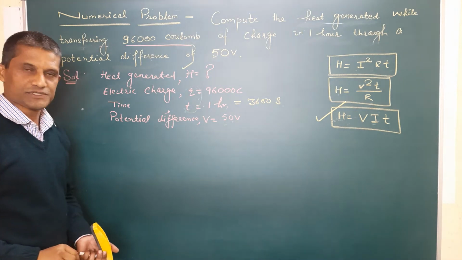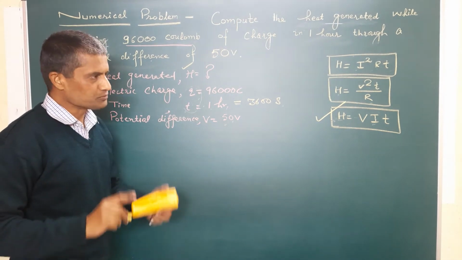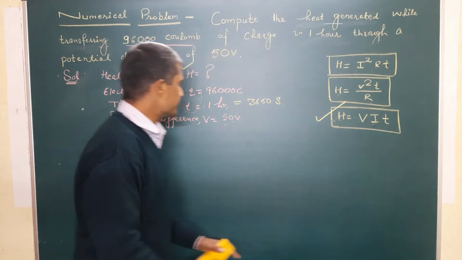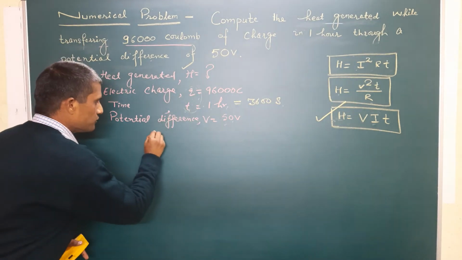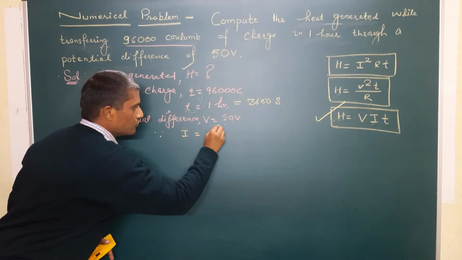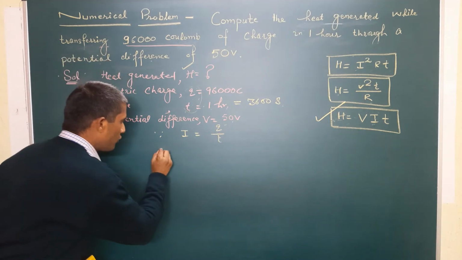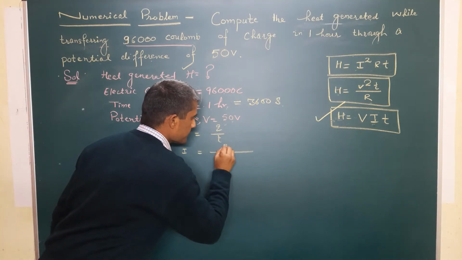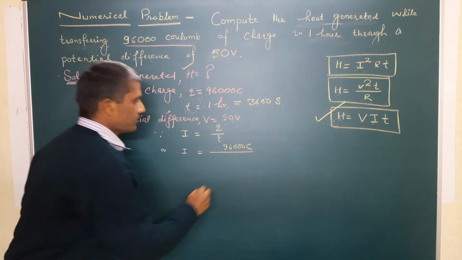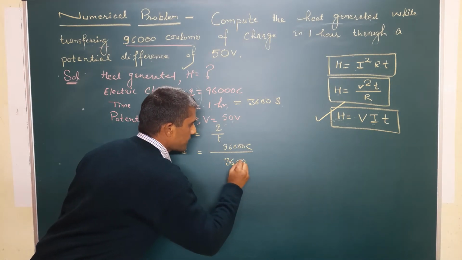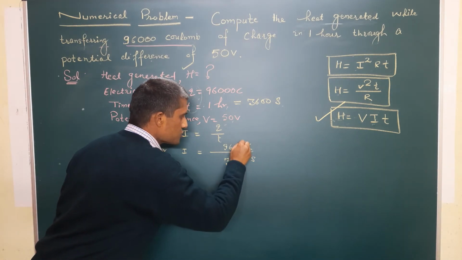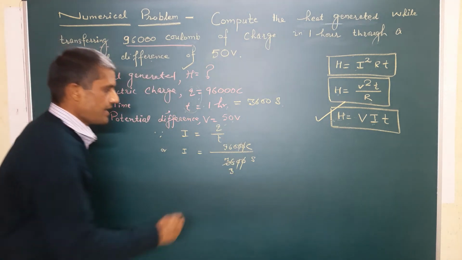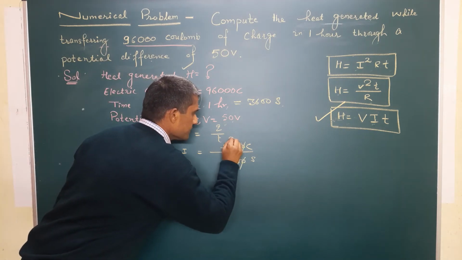Now time has come to proceed further. Firstly, we are going to find out I, because we know clearly what lies ahead. It is I which is urgently needed. So I is equal to Q upon T. Or I, that is the current, is equal to Q, 96,000 coulomb upon 3600 seconds, which is 80 upon 3.